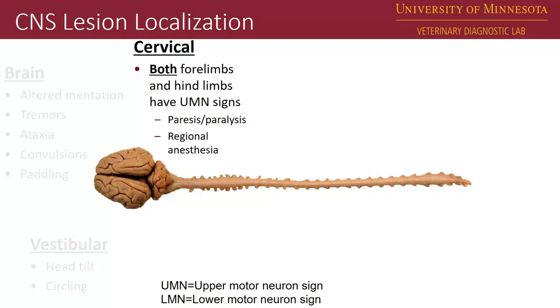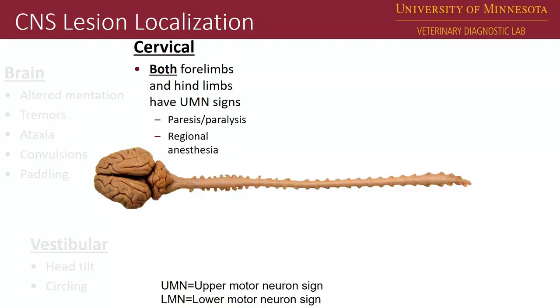But with an upper motor neuron, you may see extensor rigidity or increased reflexiveness to the local reflexes when you look at limbs and things of that nature. Versus a lower motor neuron, this is the wiring that actually tells the limb to move. And so if there's a lower motor neuron sign, you're going to have flaccid paralysis, and you'll oftentimes have loss of the local reflex. So when we talk about how to differentiate where the lesion is, so you know which section of spinal cord to grab, it's important to know if it's an upper motor neuron or a lower motor neuron.